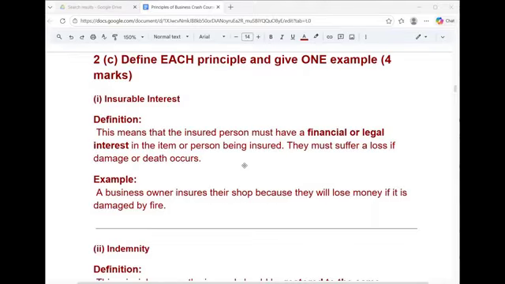They must suffer a loss if damage or death occurs. I read that too fast, sorry. Example: a business owner insures their shop because they will lose money if it is damaged by fire.